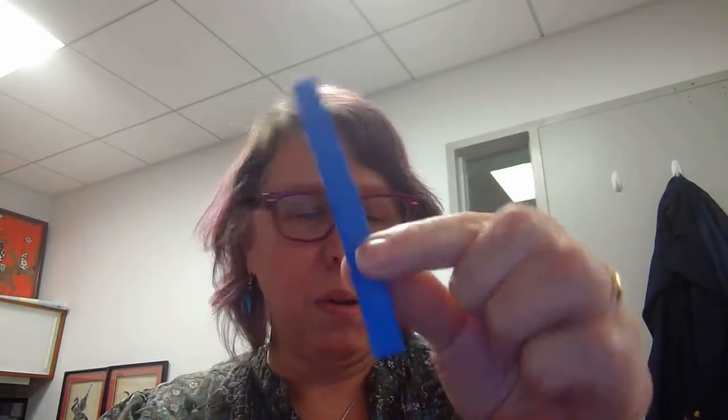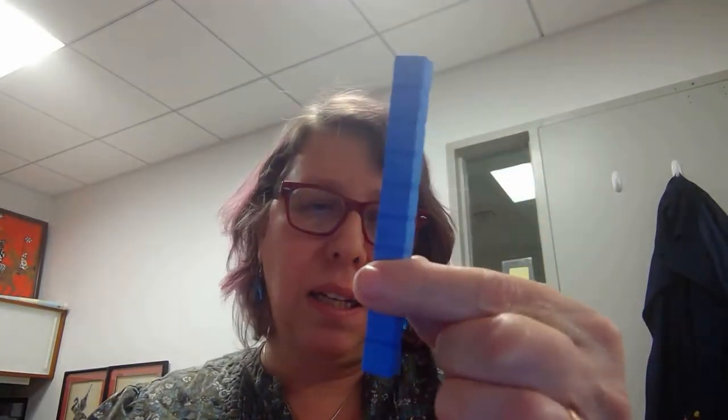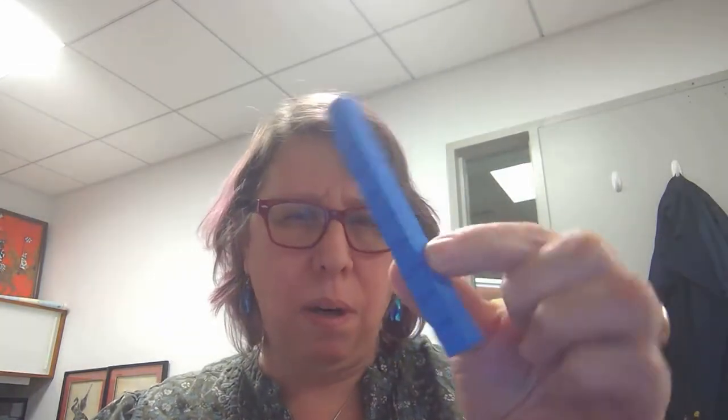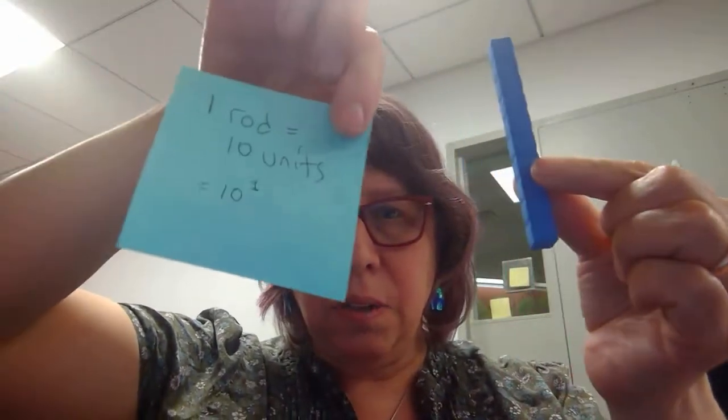And then finally, well, not quite finally, almost finally, this rod, this is 10 to what power? So we did third power, we did second power. This is 10 to the first power, right? So one rod, 10 units, 10 to the first power. And see if you can work your way backwards. This is just 1 unit. That's 10 to what power?